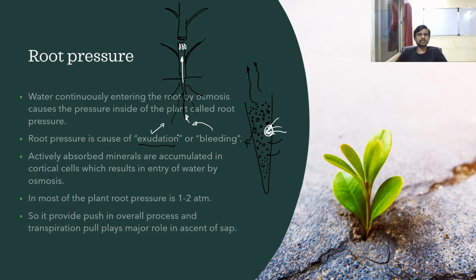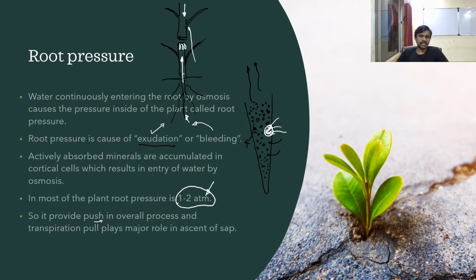Okay, let's see. In most plants, root pressure is about 1 to 2 atmosphere. Okay, so this ATM stands for atmosphere. So it provides a push in the overall process, and transpiration pull plays a major role in the ascent of sap. So due to the 1 to 2 atmospheric pressure, the water is pushed toward the upper part of a plant, and transpiration pulls it toward itself, and that's why water moves with two different forces.